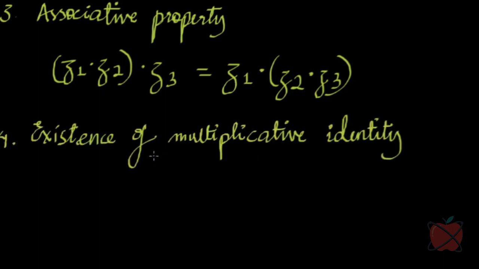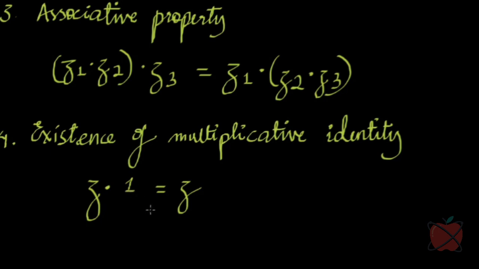The next topic is the existence of multiplicative identity. So let's say I take a complex number z. What should I multiply it with in order to get back z? If it were addition, I will add 0. But here I cannot multiply with 0, because if I multiply with 0, my answer will be 0. So which complex number, which when I multiply with z, I'll get back z?